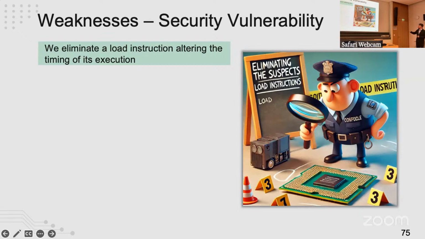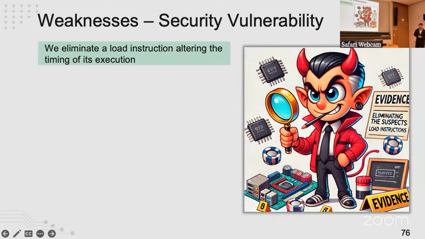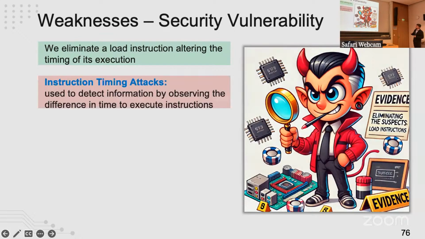This is not a problem with a normal user, but in some cases where we have a malicious entity that tries to gather data from our execution, this could be a problem. These types of attacks are known as instruction timing attacks, where they are able to extract information by observing the difference in time to execute an instruction.